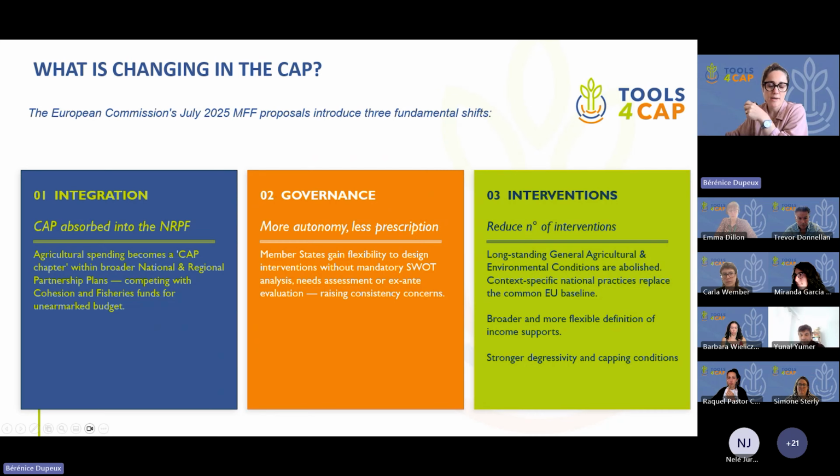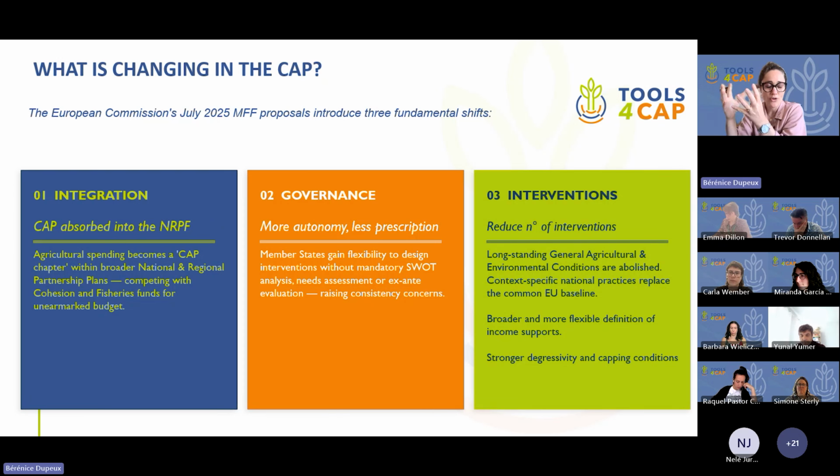What we see as well, in terms of content for the next CAP, is a reduced number of interventions, and the aggregate value of all income support interventions is ring-fenced.